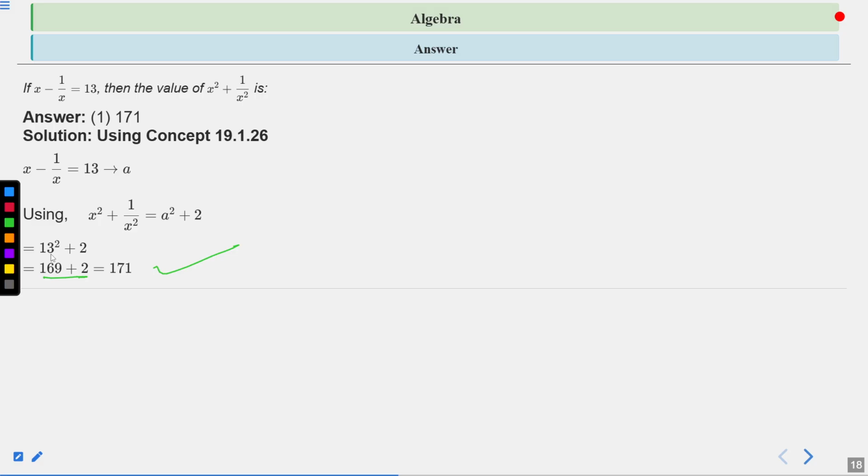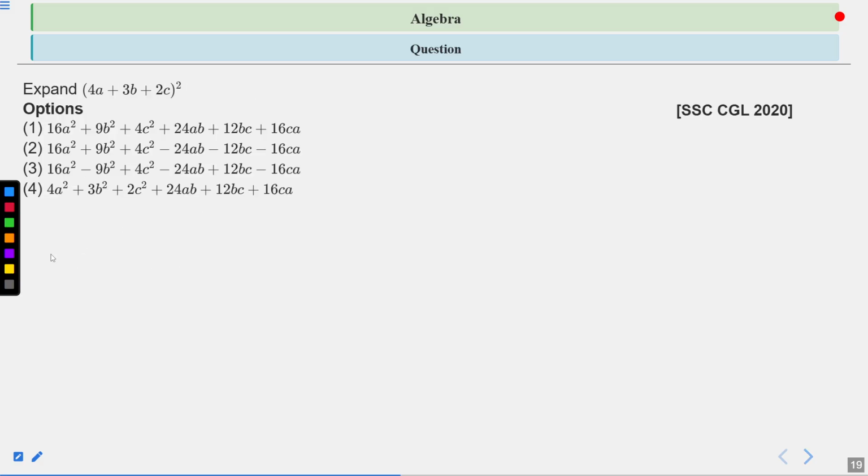Next one. Expand (4a plus 3b plus 2c) whole square. This question was asked in the SSC CGL exam in 2020. There are four options. First: 16a square plus 9b square plus 4c square plus 24ab plus 12bc plus 16ca.